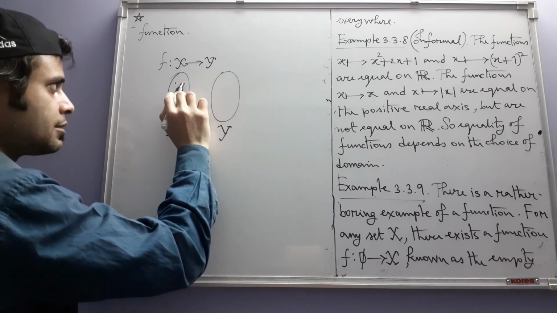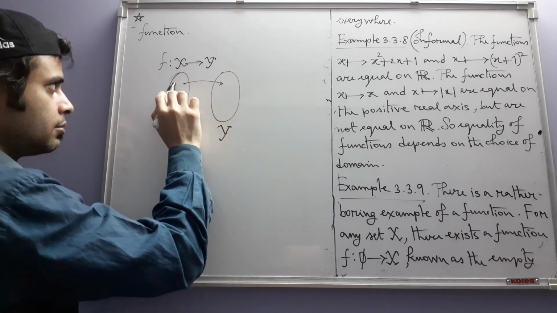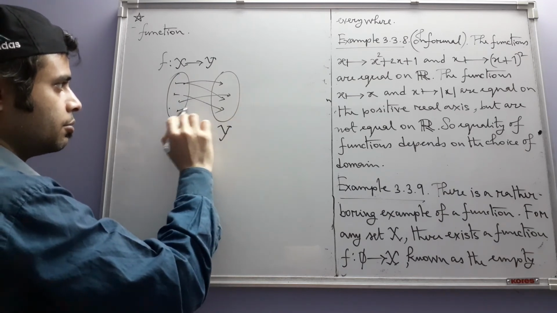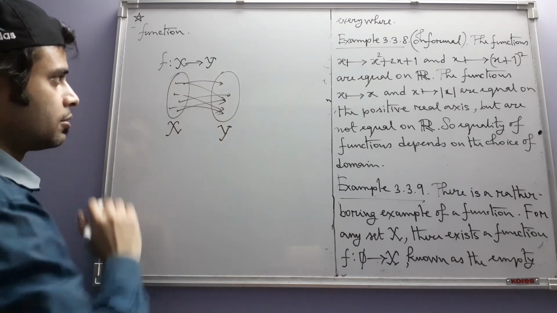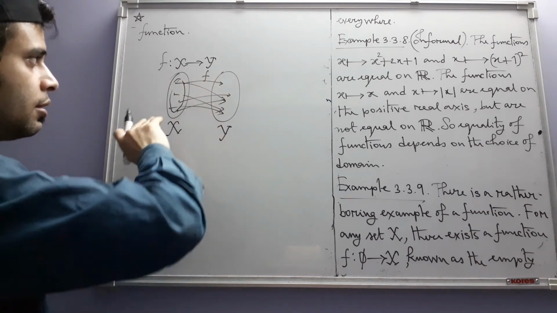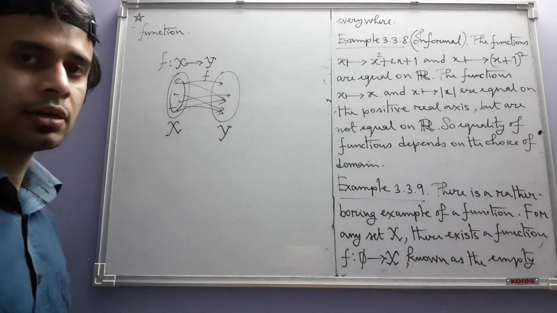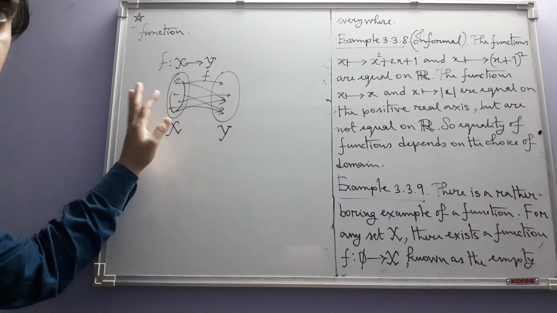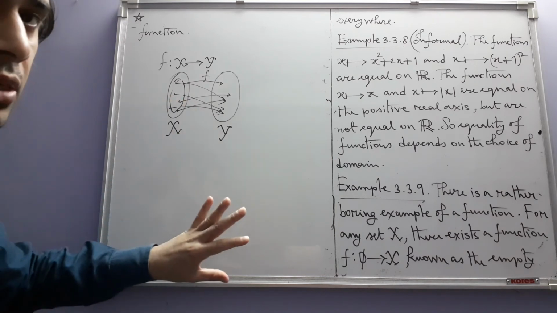We have to precisely say the outputs for each input in the domain. Okay, what the function is doing to these elements in the domain, how the output is being generated, that we have to say. Otherwise the function has not been specified fully.